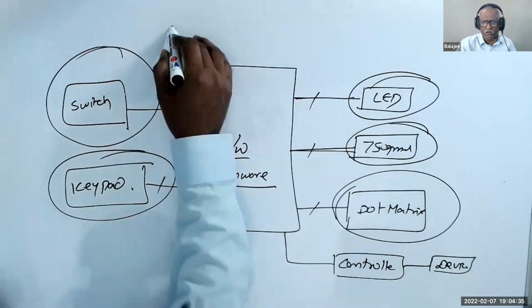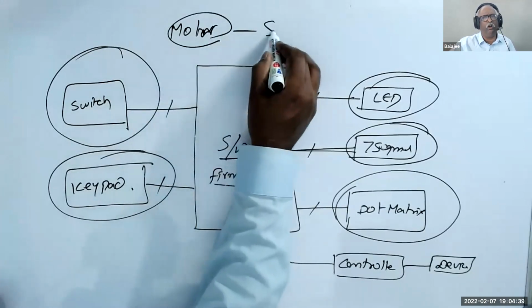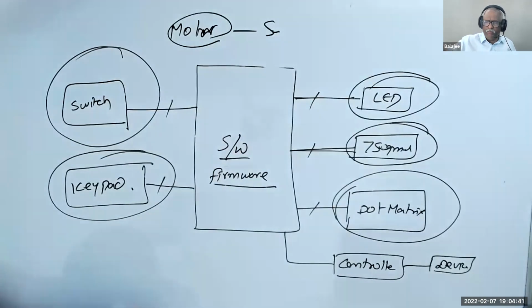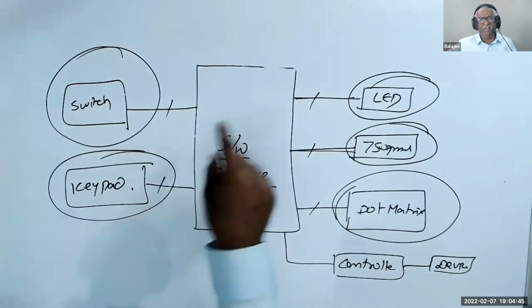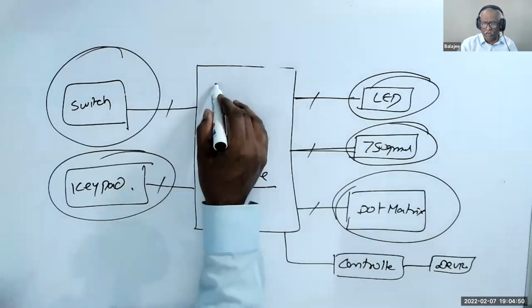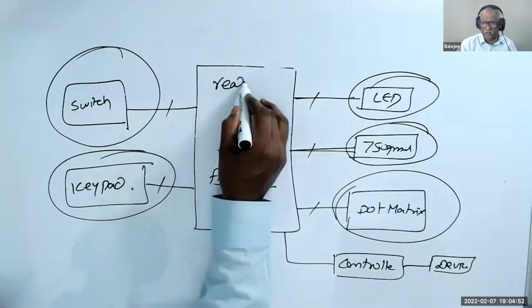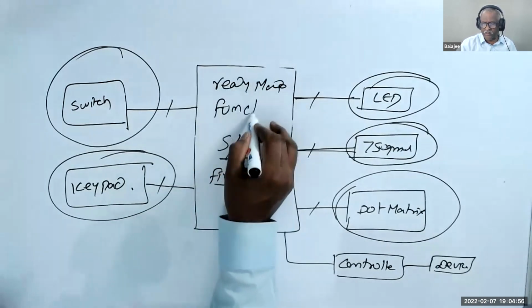Whether it's a motor, whether it's a sensor, all are easy. But you need to be very thorough with these 5 devices. The one advantage here is you have to write everything without ready-made functions. That's a trick.